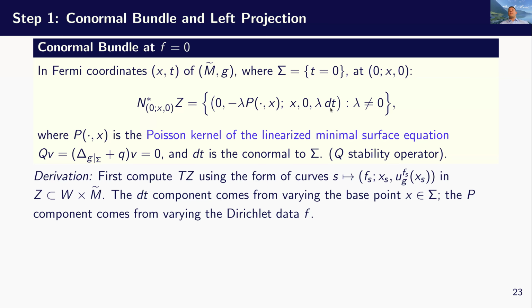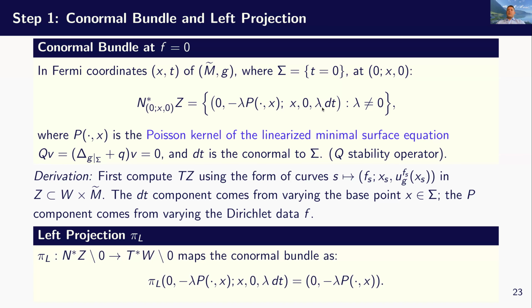How to get these elements for this conormal bundle then is that you vary the base point. That will reveal what is this lambda dt component here. If you vary the Dirichlet data, so this Fs, that will give you this Poisson kernel part of the conormal bundle. So that's roughly speaking how it goes.